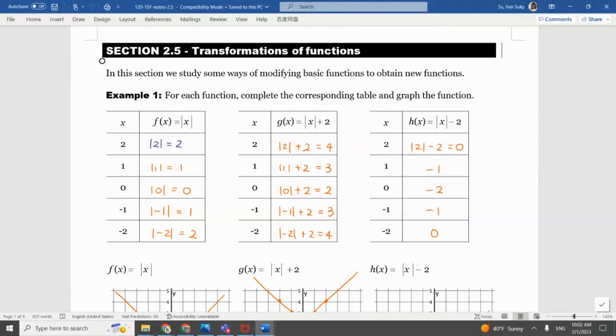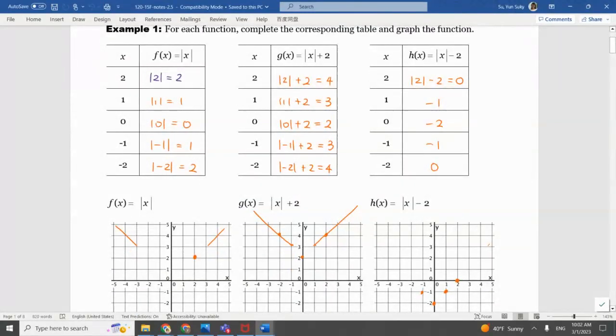Yeah, one hand up, one hand down, and then square root, cube root, like that, right? Absolute value, and reciprocal, like that, okay, reciprocal.